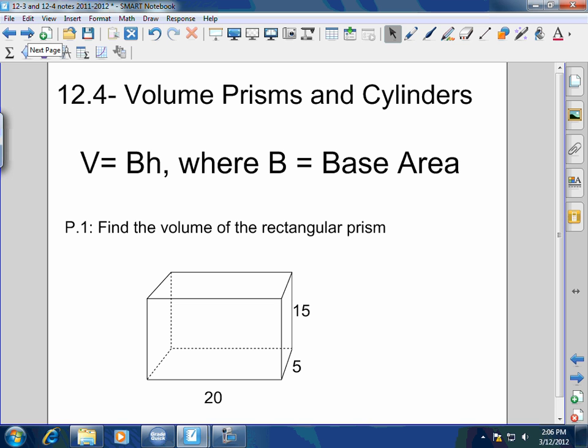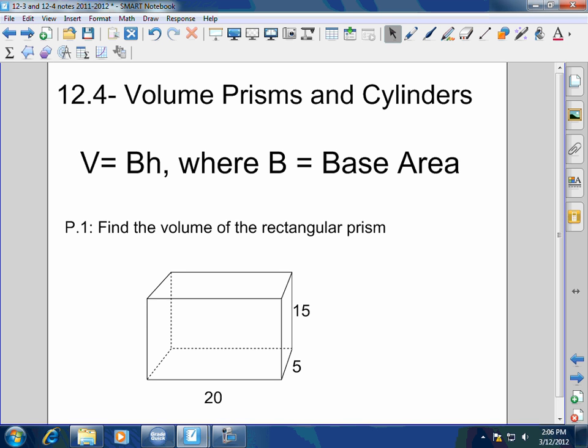Easy, easy, easy. They love to give you 50 million different formulas for this and really try to confuse you. If you just know how to find the area of a base, I give you my word of honor.